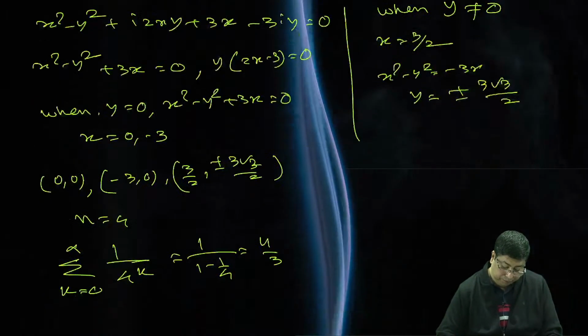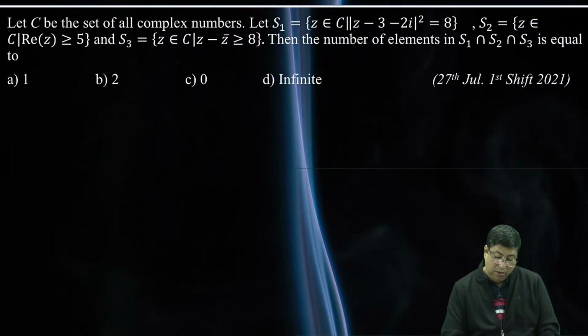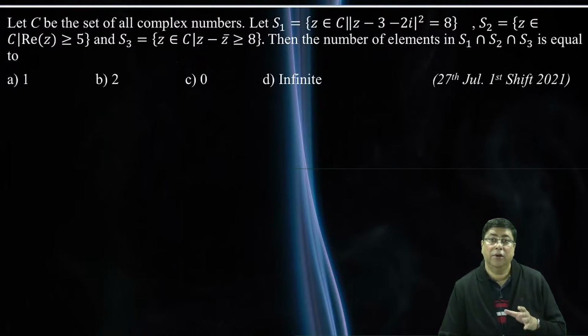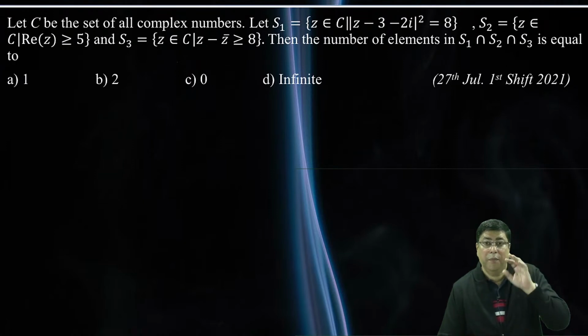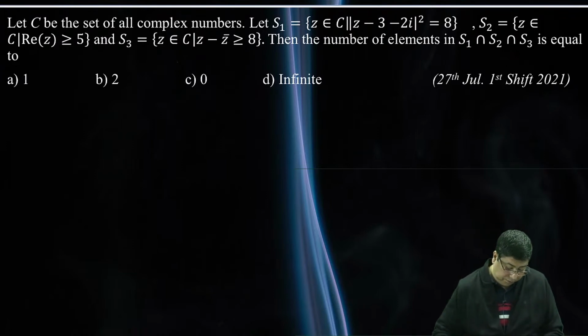One more sum. Let C be the set of all complex numbers S1, S2, S3. We are seeing that in 2021, 2022, one particular type is very common in a number of papers, that is set formation, set form. This is very common, so we have to practice continuously based on set forms.